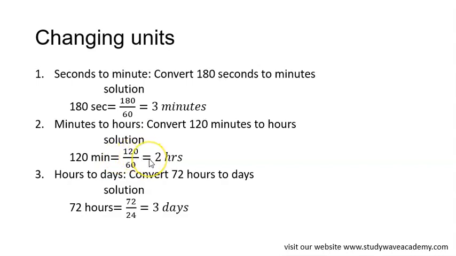So we have 2 left here, okay? So 2 hours. So 120 minutes is 2 hours, okay? 60 minutes makes 1 hour. 120 minutes makes 2 hours. Do you understand? Hope you're not confused.